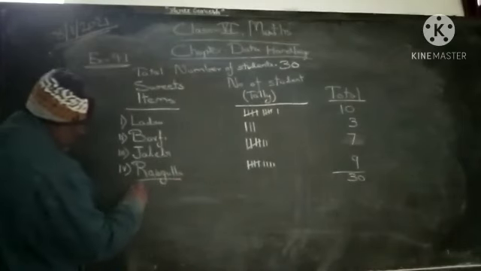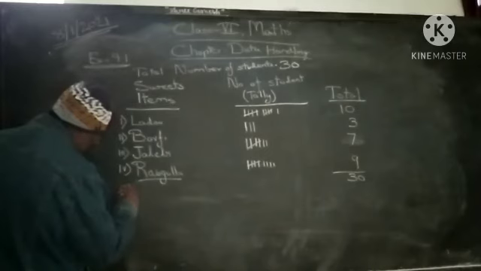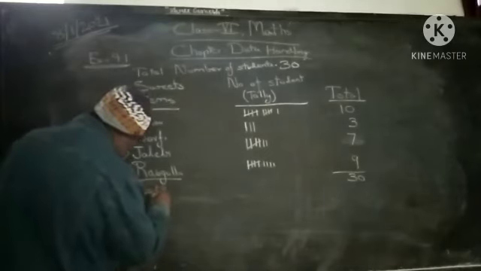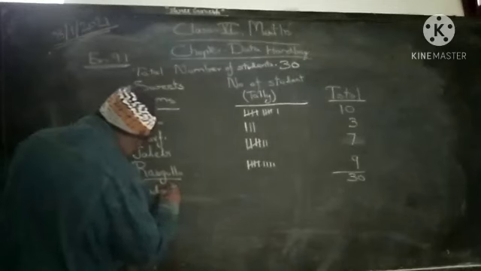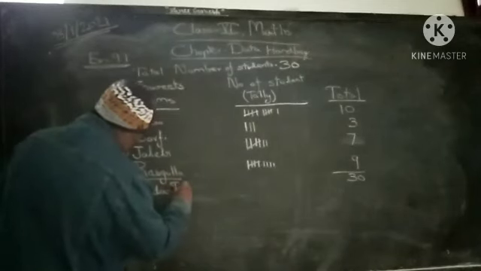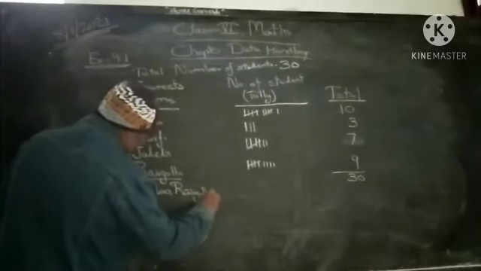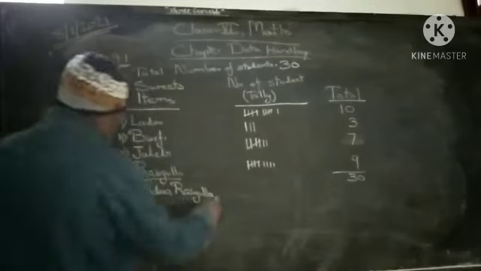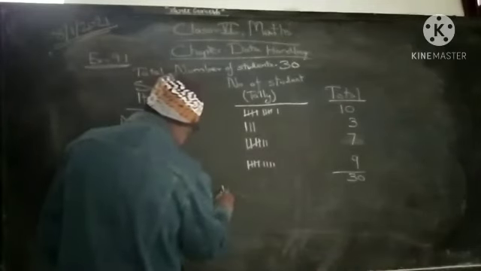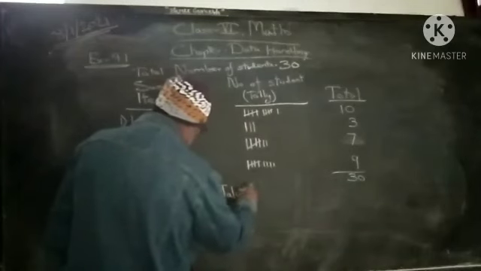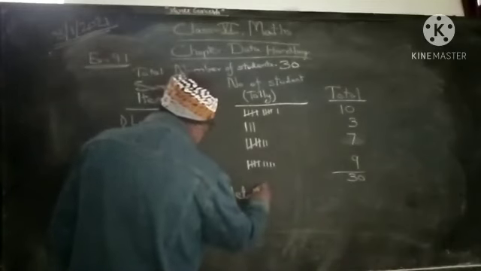First is laddu, preferred by most of the students, then rasgulla, then jalebi, and then barfi.